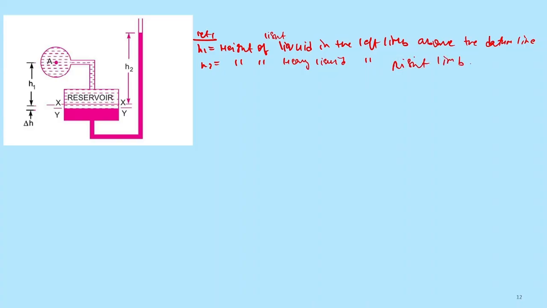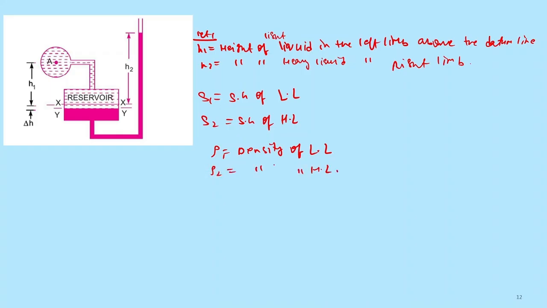above the datum. And S1 is the specific gravity of light liquid, S2 is the specific gravity of heavy liquid. Rho 1 is the density of light liquid, and rho 2 is the density of heavy liquid. And PA equal to pressure intensity.